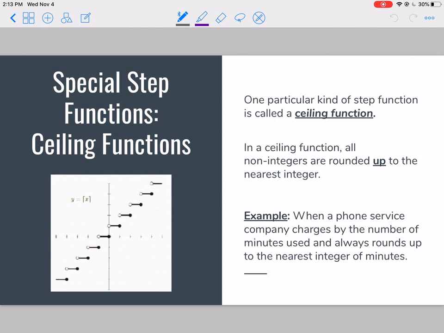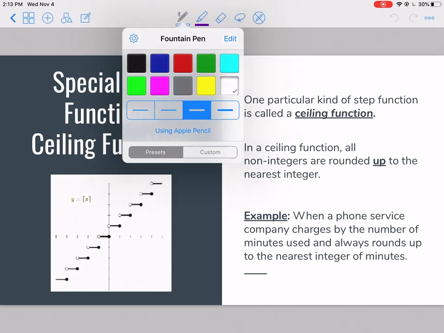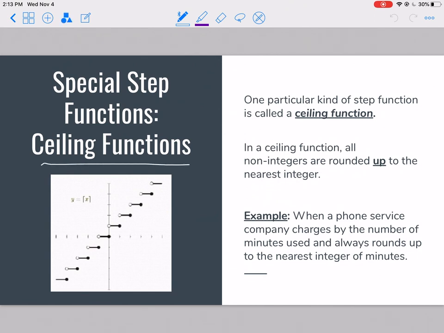All right, and then there are 2 special types of step functions that we'll talk about very briefly. And these appear all the time in real life situations. So the first one's called a ceiling function.